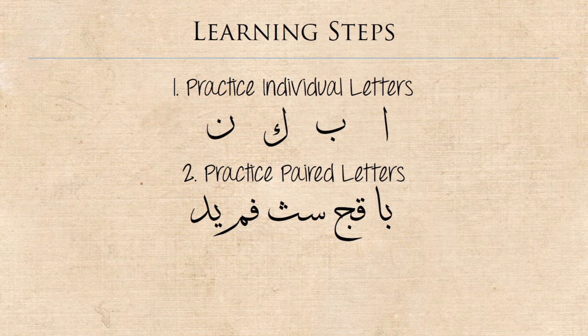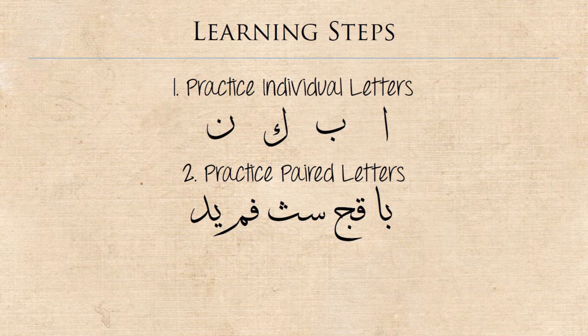After we're done with ba, we will take the next commencing letter, which will be a jim, and we will repeat the same thing again. Jim alif, jim ba, jim jim, jim dal, jim ra, and so on and so forth for every letter in the Arabic calligraphy alphabet.